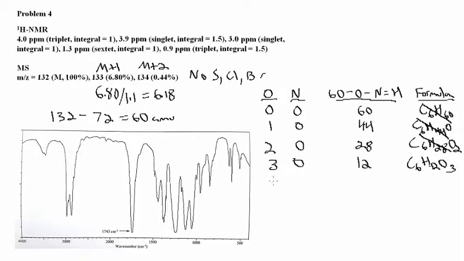Another possibility would be that if we had 0 oxygens and 2 nitrogens, then we would have a total of 32 hydrogens. So our molecular formula would be C6H32N2. Again, this violates the hydrogen rule. This is way too many hydrogens per carbon.